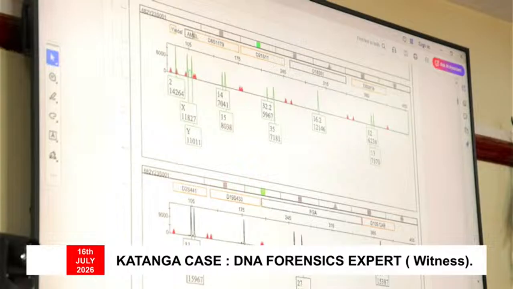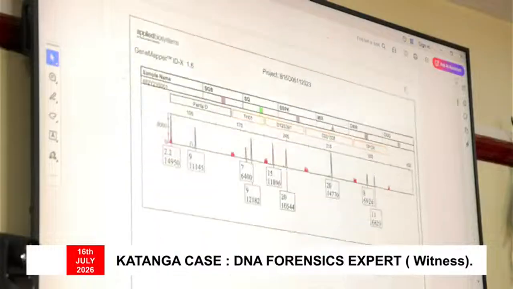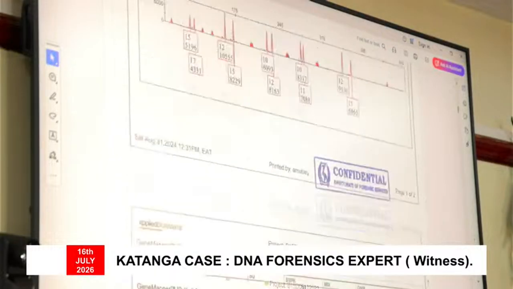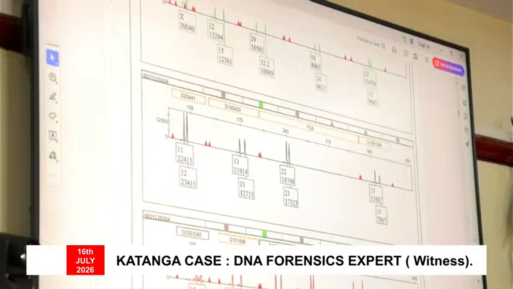Sample 009. Is that page? So this is a defense exhibit.